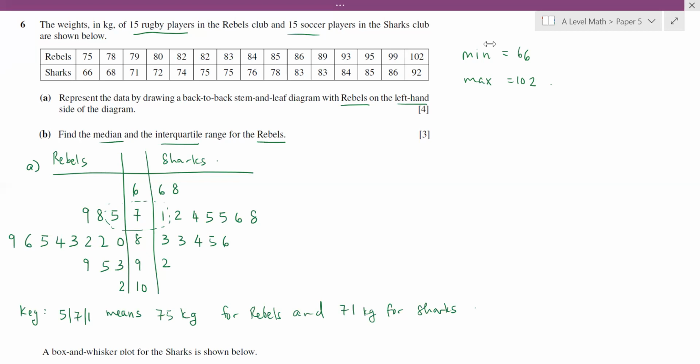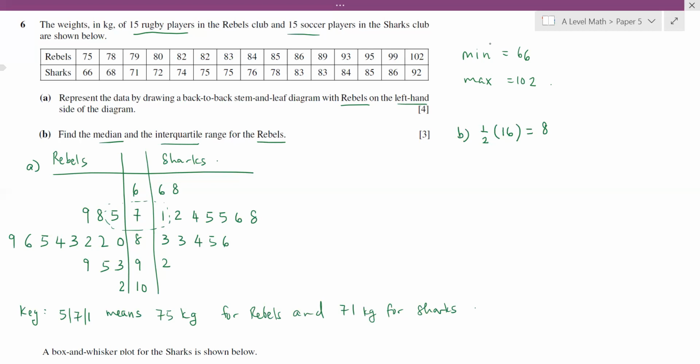To find the median, we need to find the location of the median first. Median is 50%, so we take 1/2 multiplied by 16 here. 15 plus 1 is 16. You add 1 to the number of data values, that will give us an 8. So data number 8 is the median.